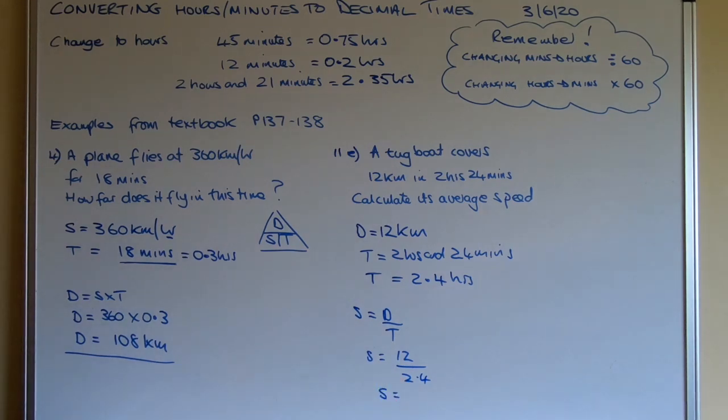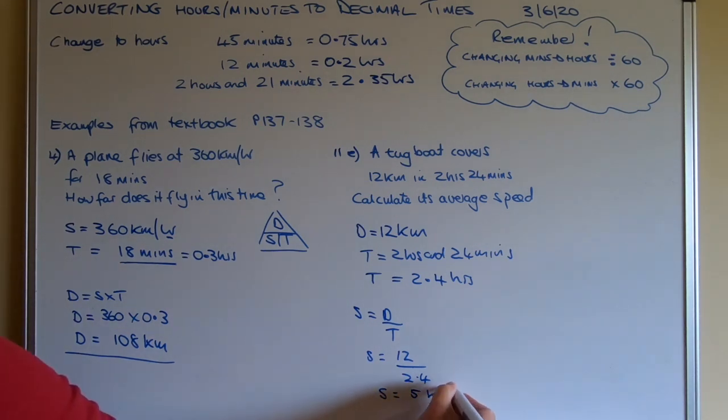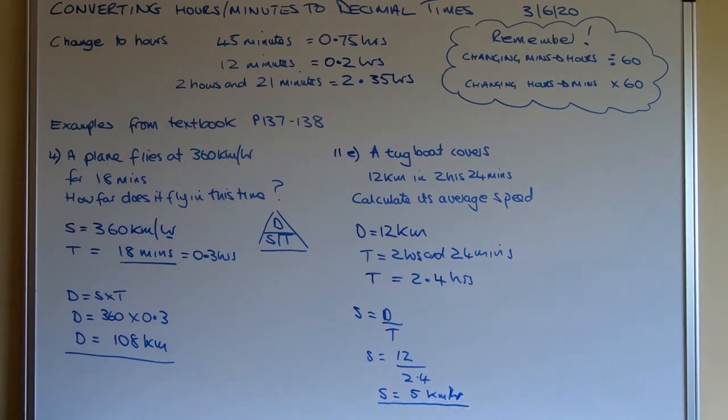When we put that into our calculator, we would get 5 kilometres per hour. So 5, and our units, kilometres per hour. So again, write down what you have. What is it you're being asked to find? Use your triangle, distance, speed, time to select that formula and check your units.